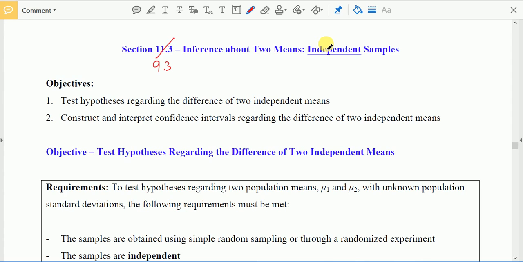When I pick one person randomly in California, then pick another one, and let's say I pick 30 samples, the next one won't depend on the first person because I just randomly pick them. So these are the type of independent samples.